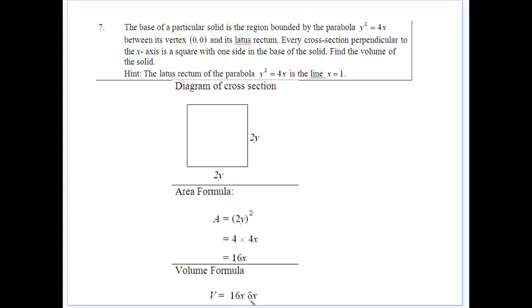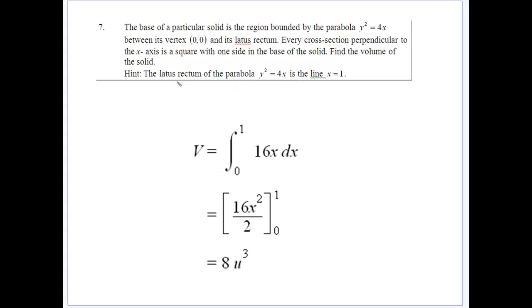And so that gives us a volume formula of 16x delta x. And we're going from 0 to 1 because we had the line x is equal to 1, so 0 to 1 of 16x gives us our function there.